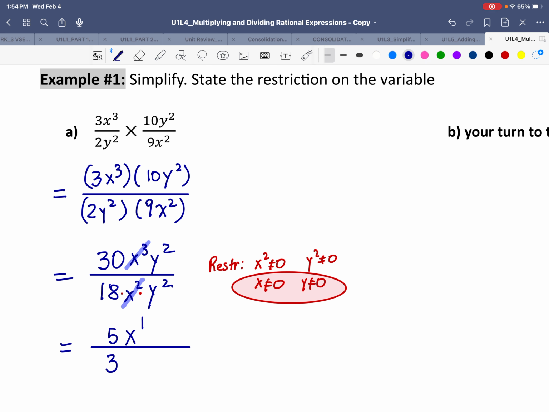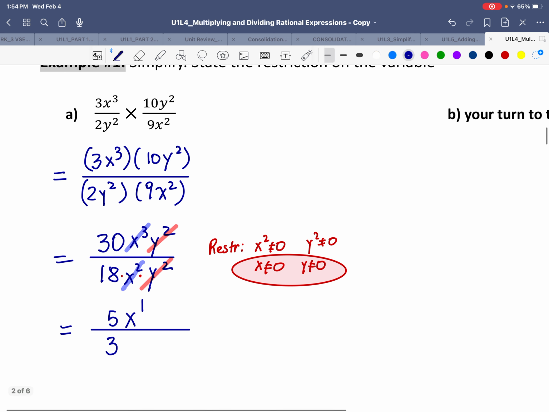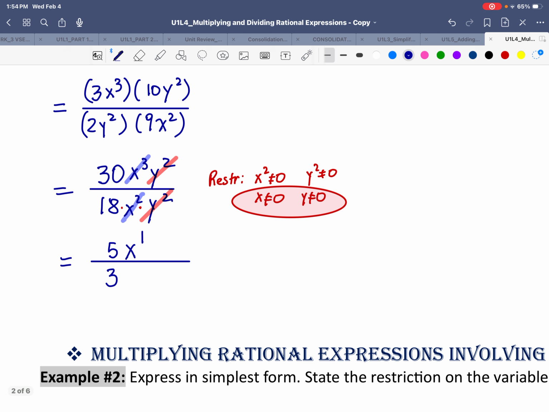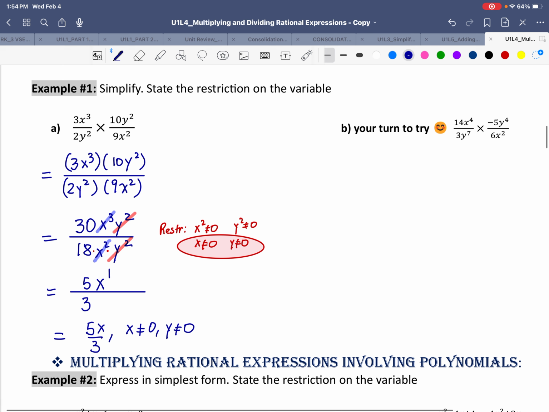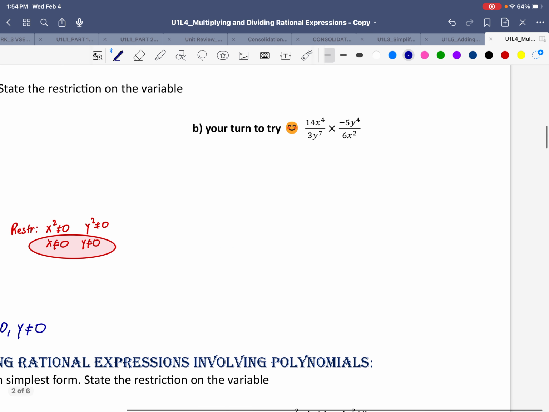And y squared divided by y squared will divide to 1. So there is nothing really left out there. And the most simplified form is basically what you see. So 5x over 3. But keep in mind, don't let x be 0. Don't let y be 0. And voila. The next question is for you to try.